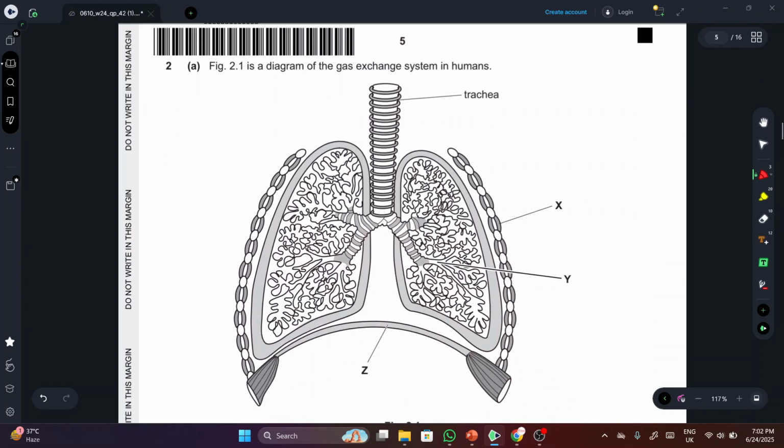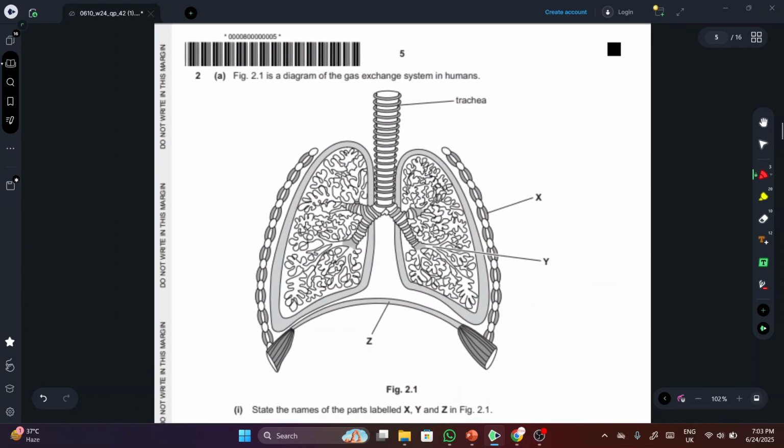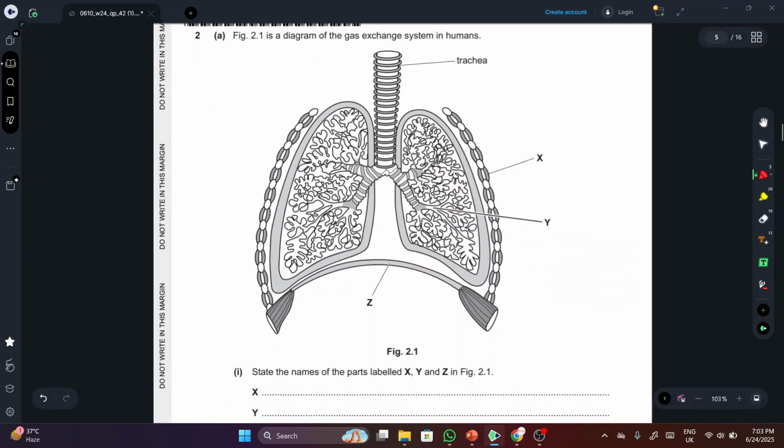Next, look at this part, the structure which they have shown, our breathing system, in which they have shown the intercostal muscles, diaphragm, trachea, bronchus, bronchioles, all that.